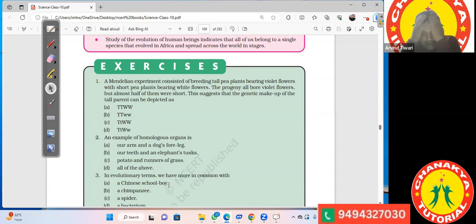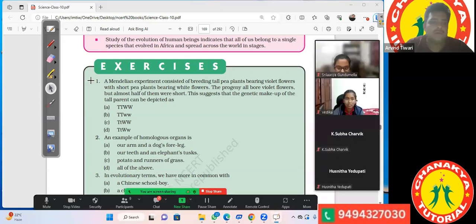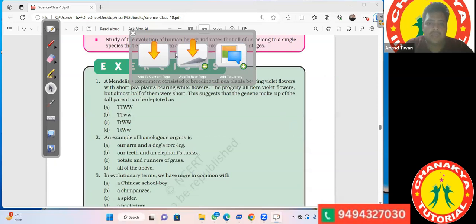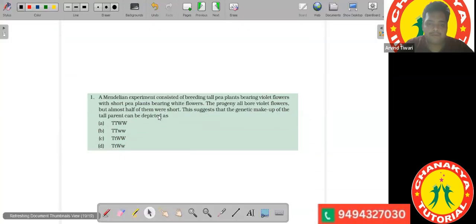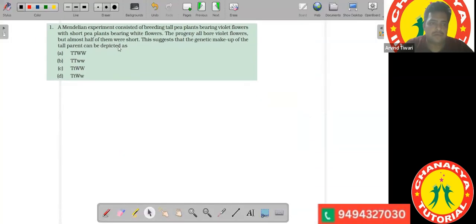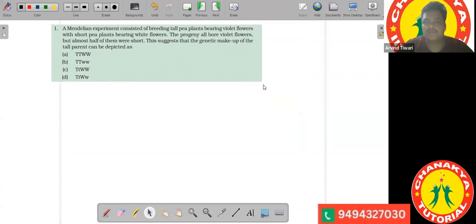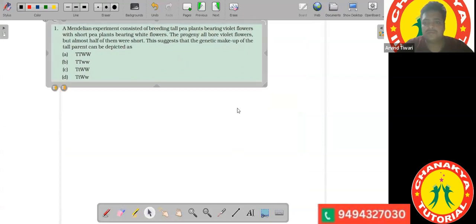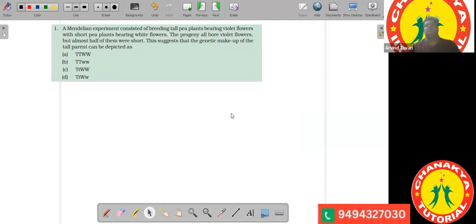I think all of you have understood how we made the crosses. Let's understand this question. Srilasya, have you understood the question?